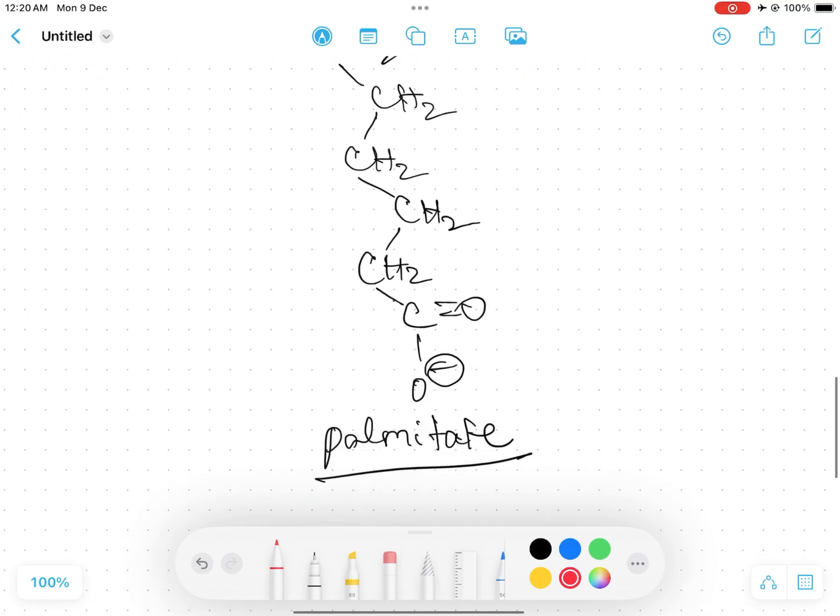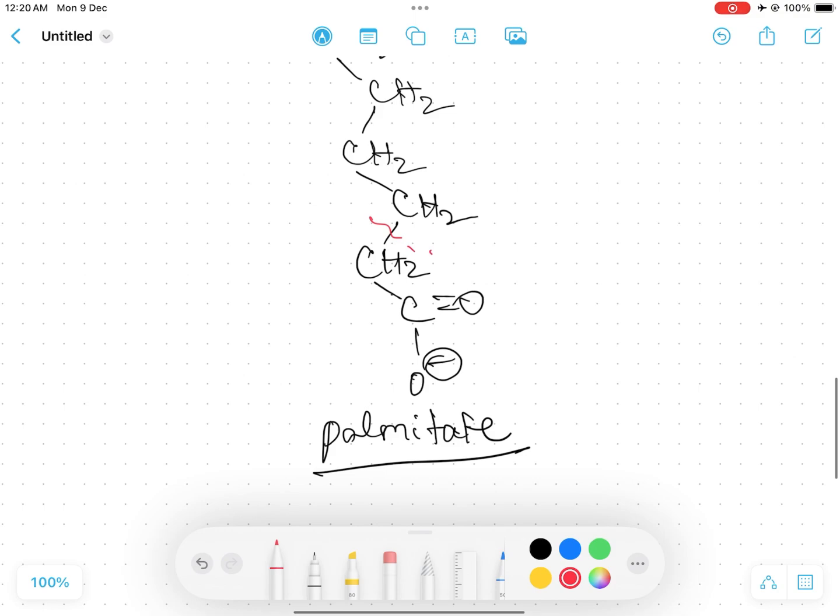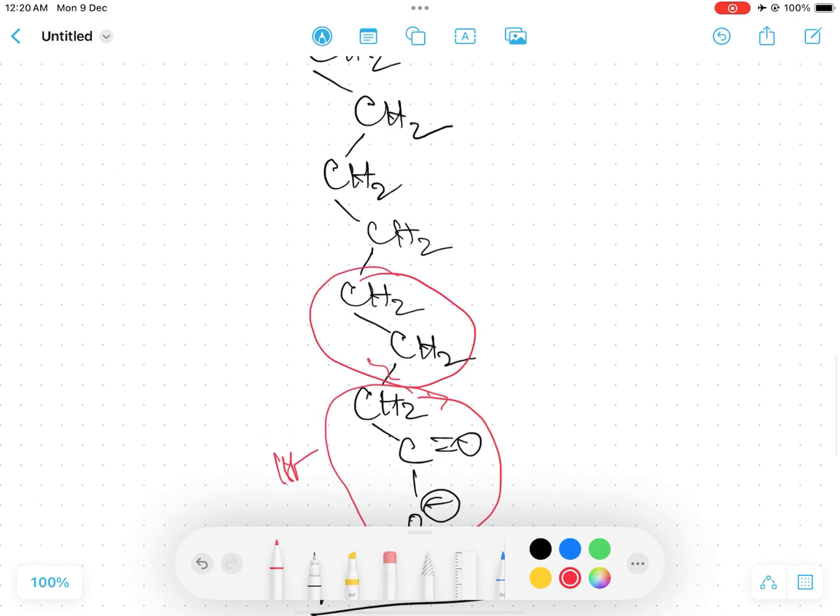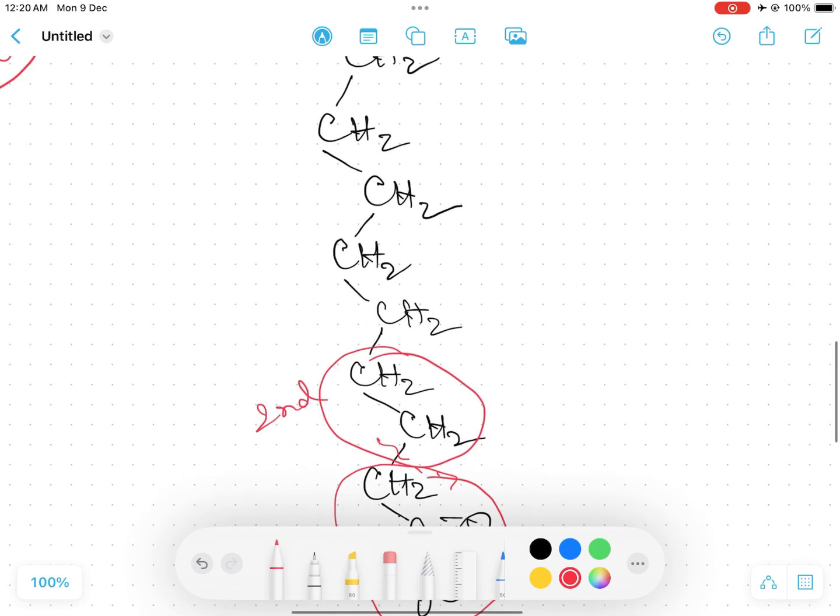starting from the carboxylic end of the fatty acid chain. So this is the carboxylic end of the fatty acid chain. These 2 carbon atoms will be removed first as acetyl CoA.